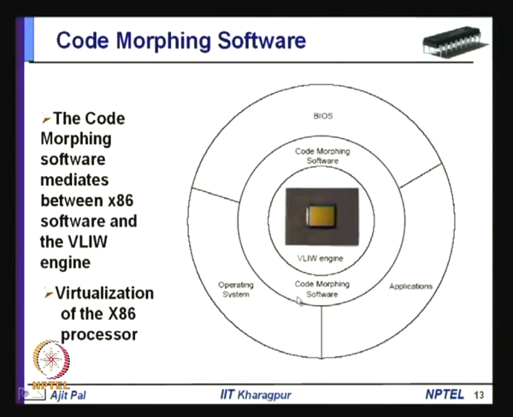In this system the code morphing software is interfacing with the native VLIW engine, and if this engine is changed, the only change required is in the code morphing software, and the outer layer softwares which are written in x86 need not be changed. It is transparent to the user, because the code morphing software is provided by Transmeta.